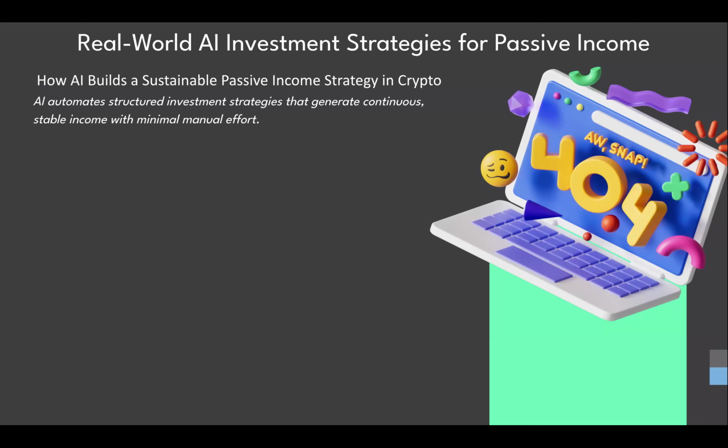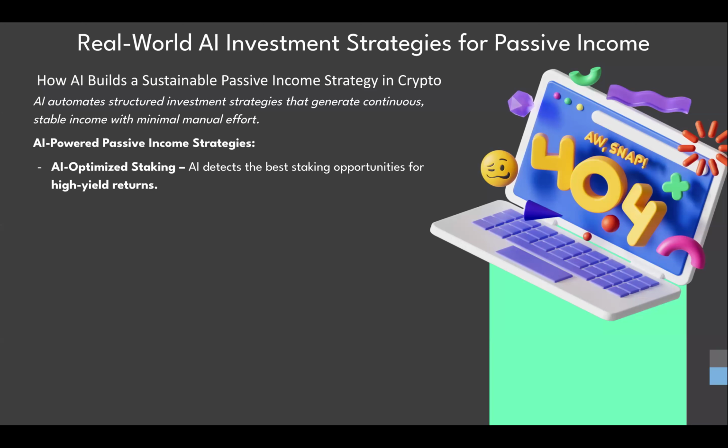And with this, it can continuously maintain a consistent stream of income. You just need to put the money to work, and then the AI will take care of it. So we have some AI-powered passive income, which will allow AI to optimize.